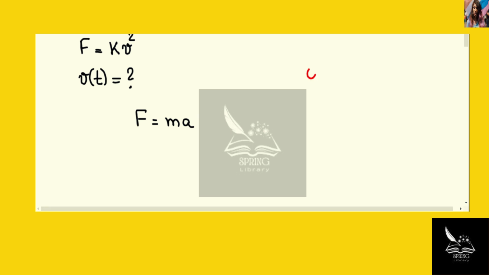I'm going to consider that this here is the parachutist. The positive direction is downwards. And notice that the resistance force acts upwards, while the gravitational force acts downwards.